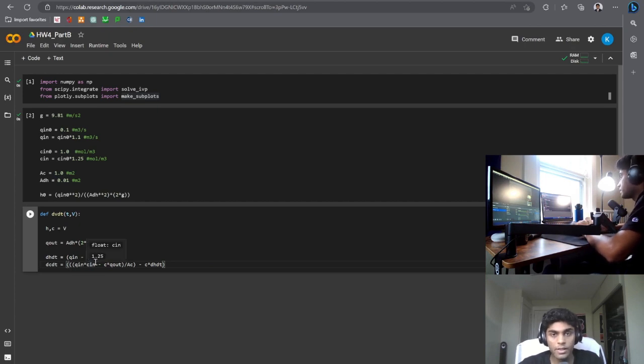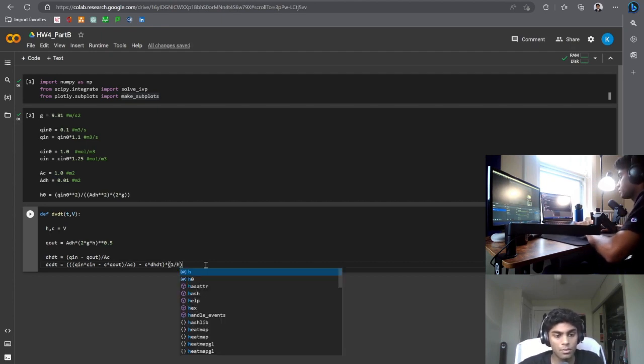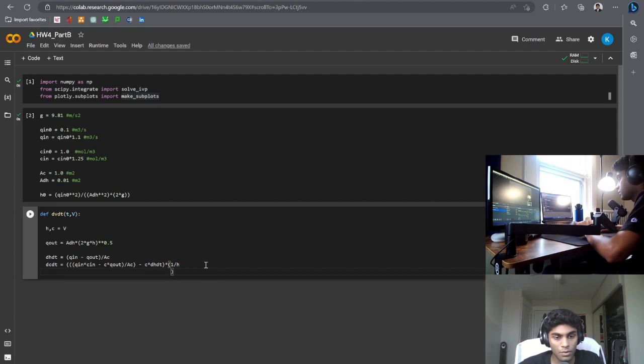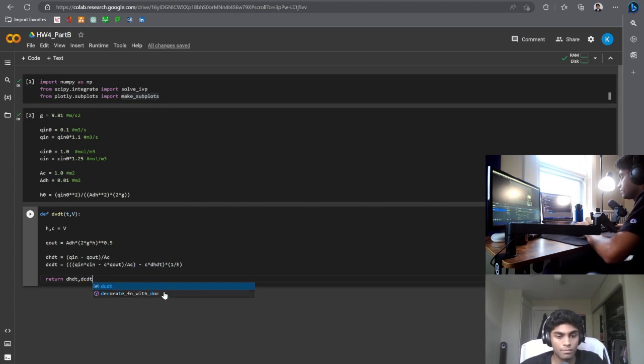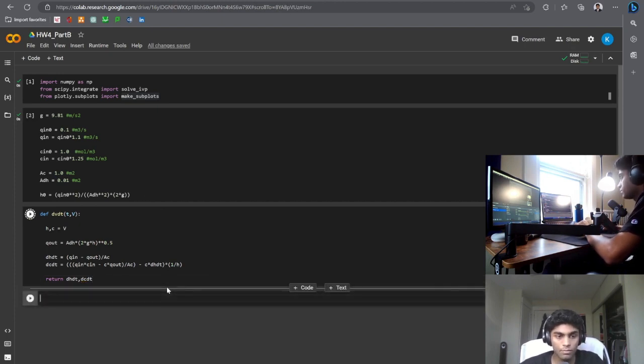And this whole thing is going to be multiplied by 1 over H. Okay. And we want to return dH dt and dC dt. And that should do it for our differential equations.